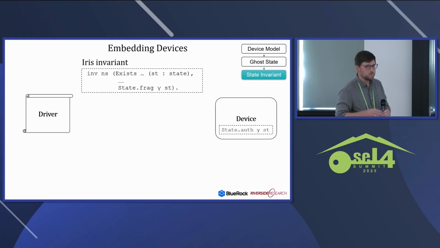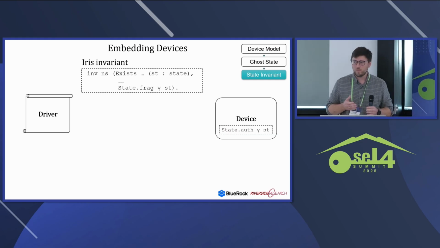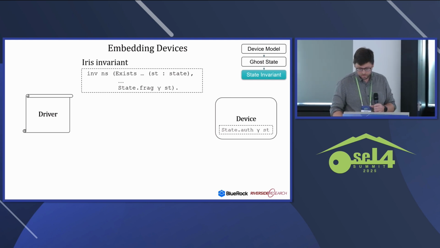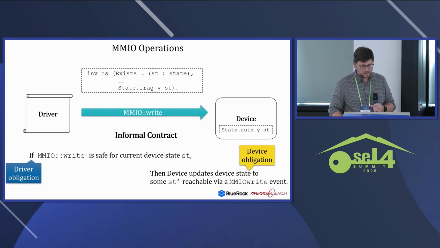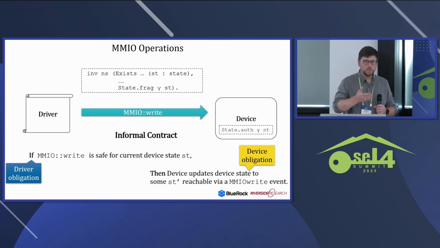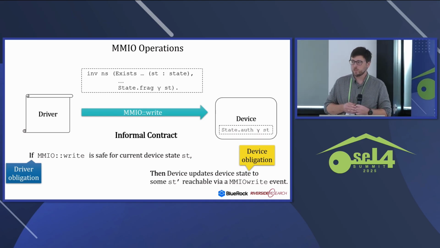And now we have all of the ingredients to specify what it means to perform an MMIO operation. So let's say the driver wants to write to a device register via an MMIO. So the driver is going to initiate a change to the device state via an MMIO operation.